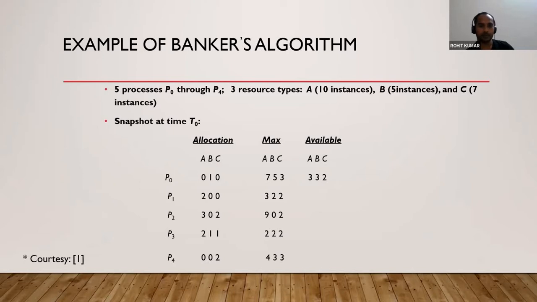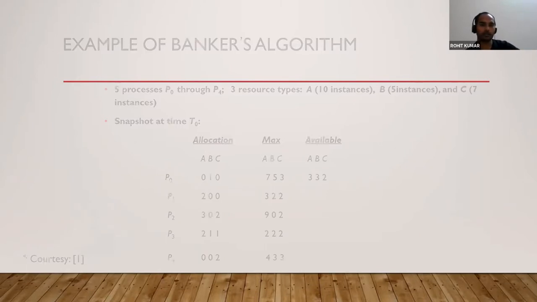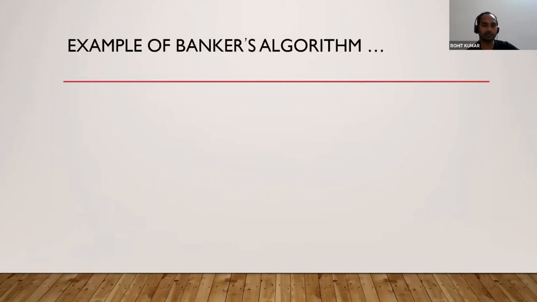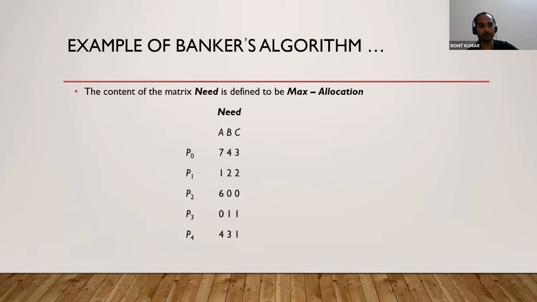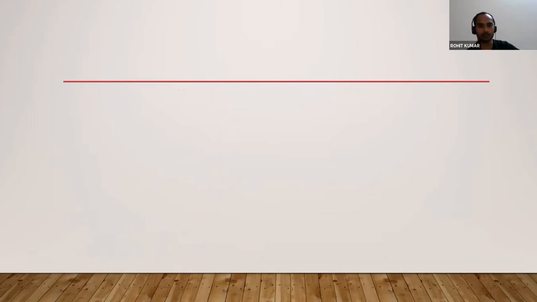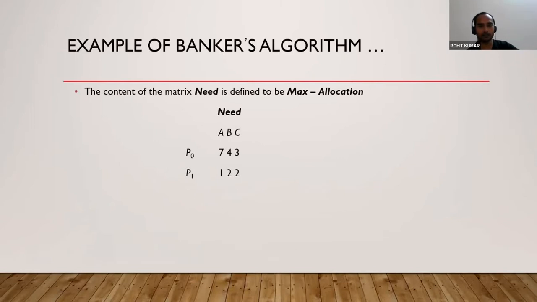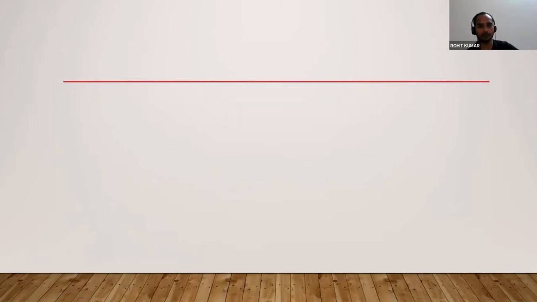The available resources of different resource types are 3 instances of A, 3 of B, and 2 of C. So we calculated the need matrix of the different processes, and we got something like this. And what is our available? Our available is 332.